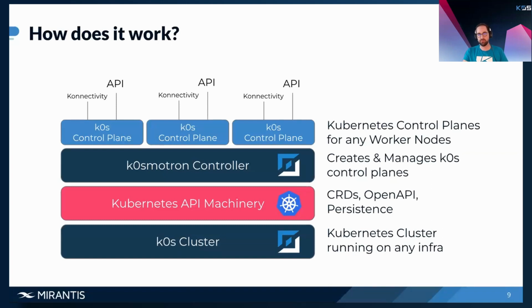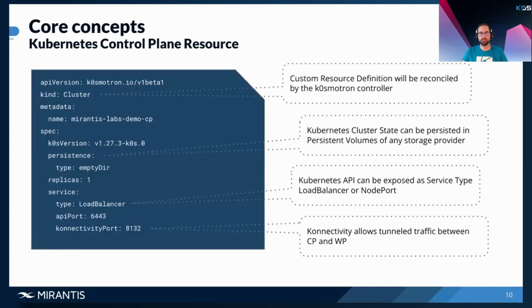So if we look into k0s, the k0s control planes, I've already mentioned CRDs, custom resource definitions. So the core concept is a custom resource definition that we are creating with the k0smotron controller.